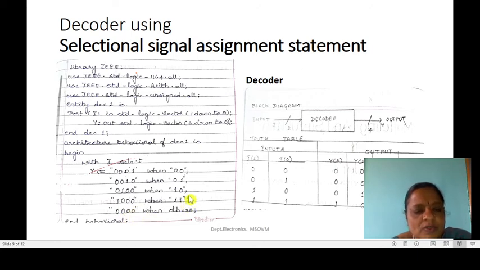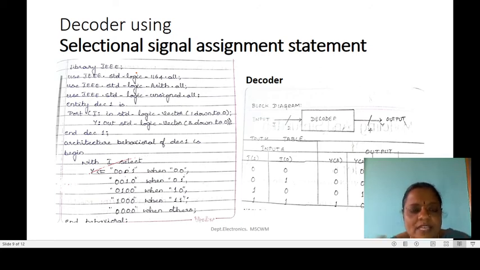You see here I have selected 1 1, 1 0, and 0 1 and 0 0. Other than these, what should the answer be? The answer should be 0 0. One important thing about the selected signal assignment statement is that all the conditions are going to be covered.